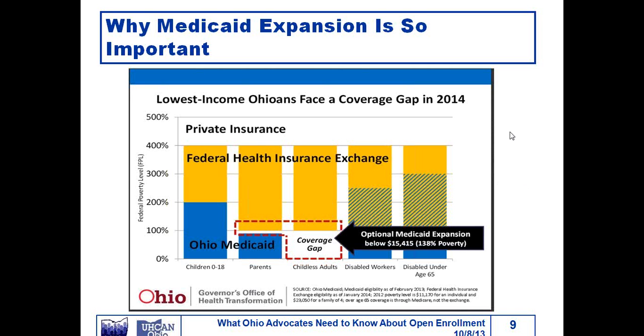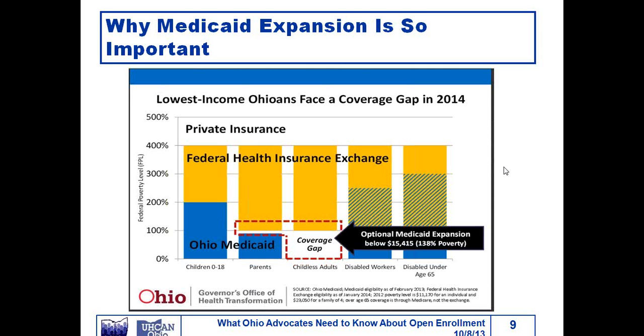As you can see from this graph that was developed by the Governor's Office of Health Transformation, the primary people losing coverage here are those adults who have no children living at home with them, because no matter how poor, they do not qualify for Medicaid under the current configuration.